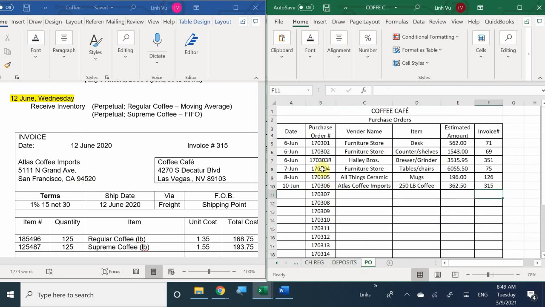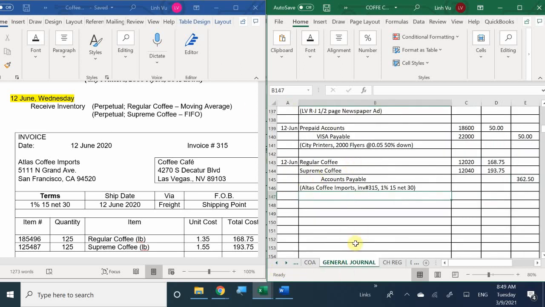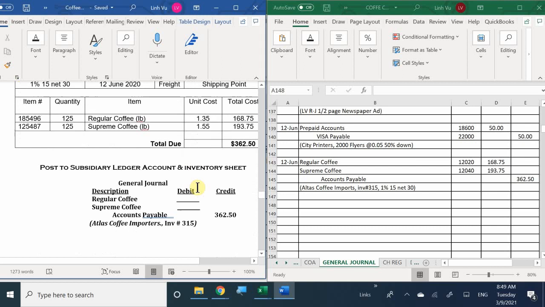Notice this. We received every single item on the list, so we have nothing pending, and we're not waiting on anything. We did not write a check or anything so far, and no money was deposited so far. So we're doing good so far. So let's see what happened next.